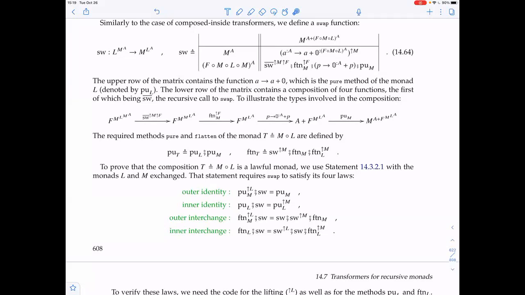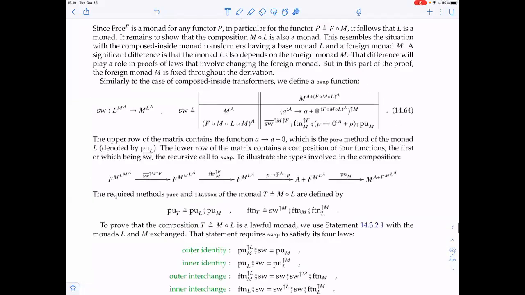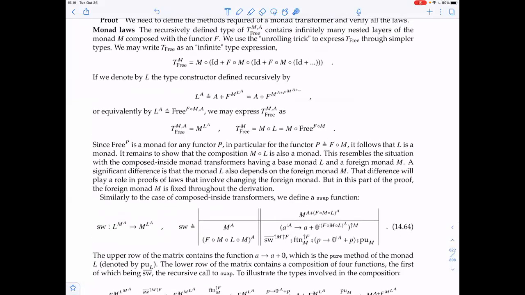Now, M and L are a composition of two monads. So you have here a composition, which is M and L, where L is this. So you can prove that this is a monad, but this will not be enough.